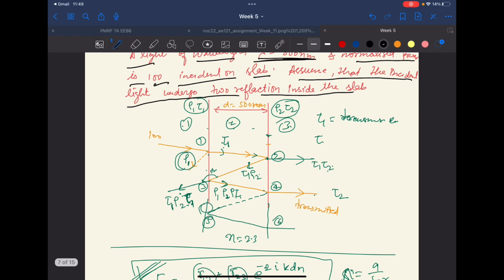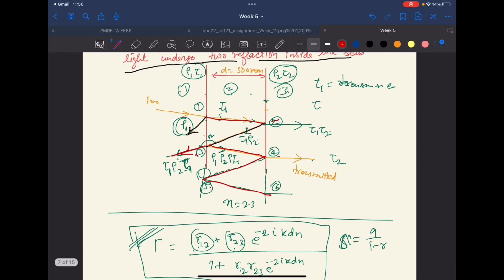So this 100% power is coming in, it reflects to this region and also goes to this region, then again it is reflected, again transmitted, and comes to this region. Let's say there are 6 points.